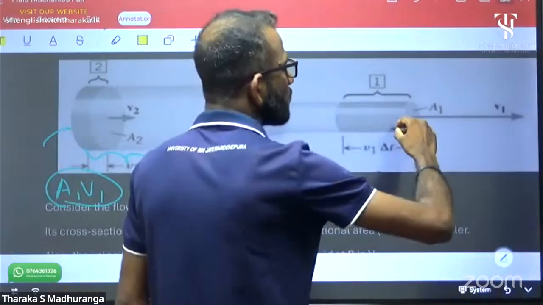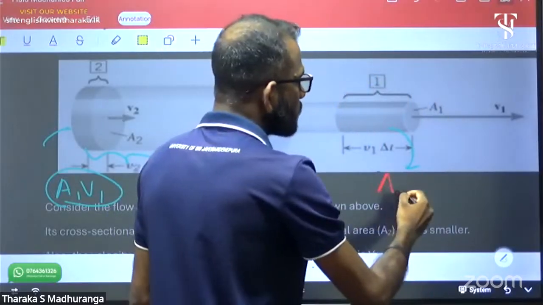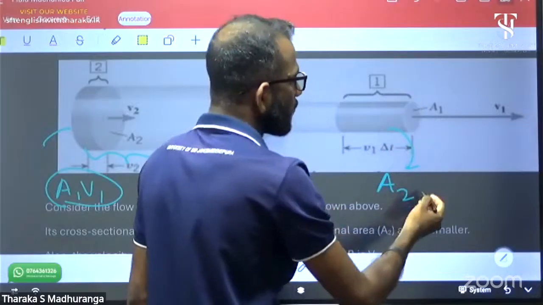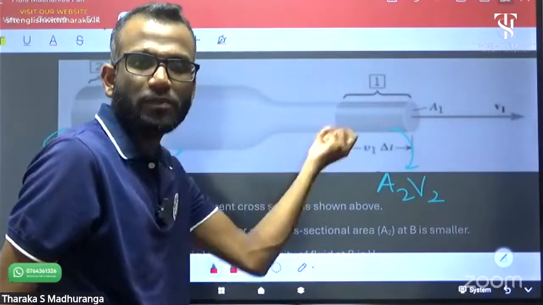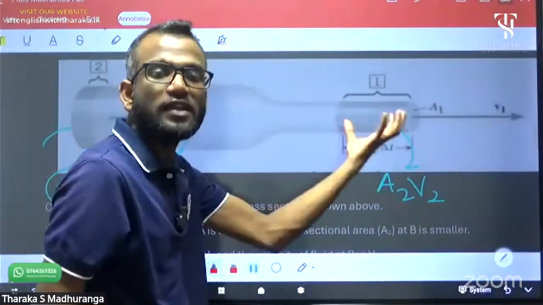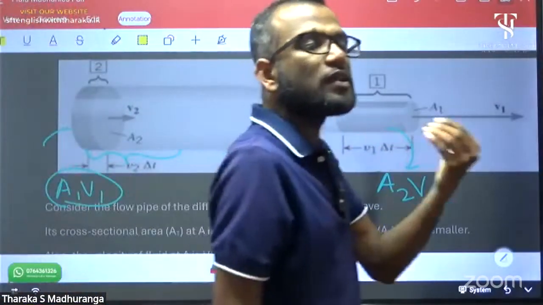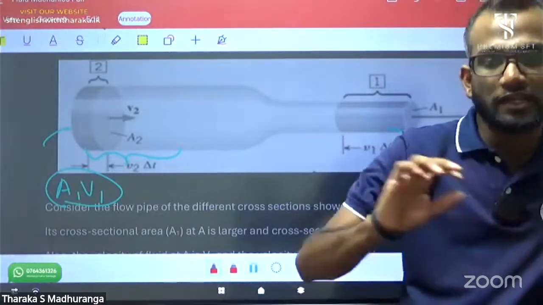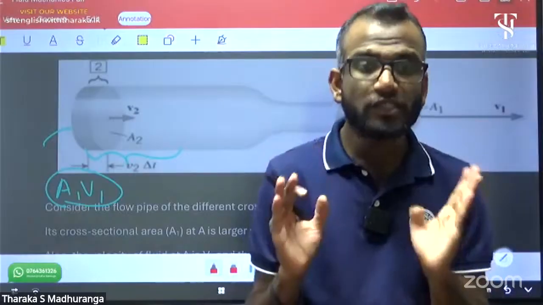The volume leaving within 1 second is A2 V2. A2 is the cross section area, V2 is the length per second, meters per second. Within 1 second, that many meters times the area gives a volume. Within 1 second, the entering volume equals the leaving volume. This is the continuity condition.